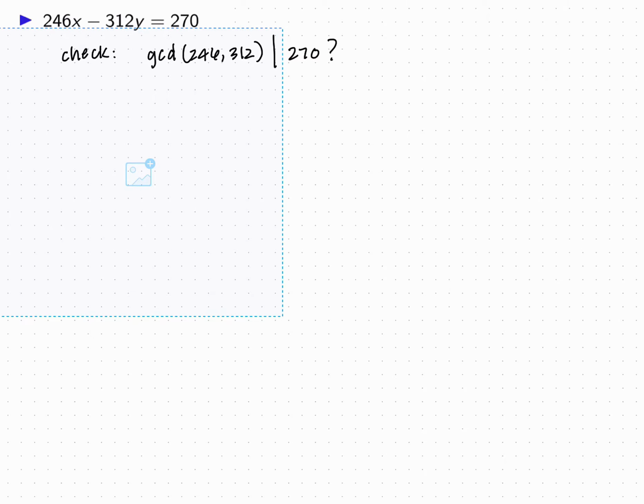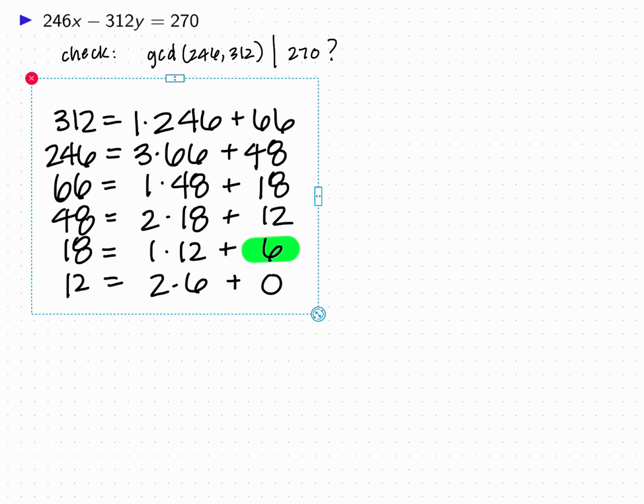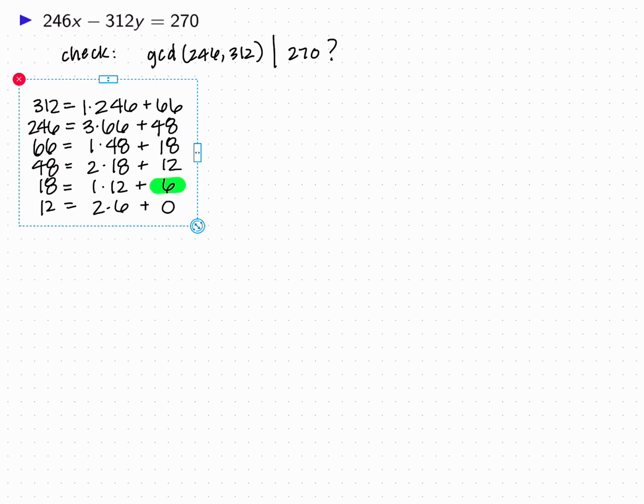Got to find where I did it. There we go. Oh, that's big. Make it a little bit smaller. All right, so it turns out that 6 is the GCD of these two numbers. So I guess what we're saying is, does 6 divide 270? And it turns out that yes, 6 does divide 270.